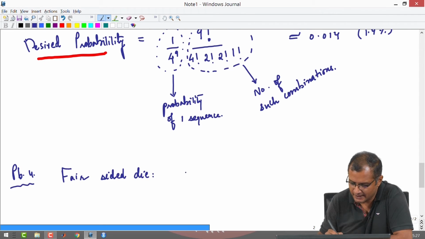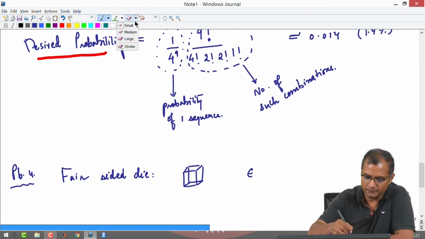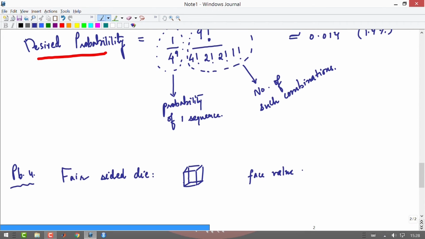A die is basically a cube shaped object, and on each side of this cube you have a number written on it. So, you can say that the face value of a die is, let us say, mu. Okay, so the face value is mu, and this mu belongs to one of these digits.